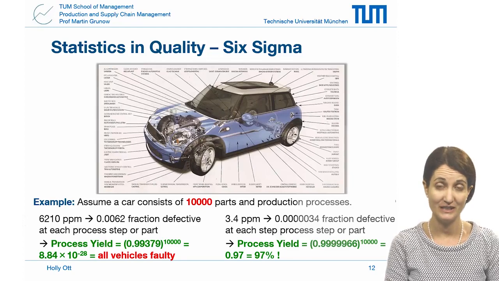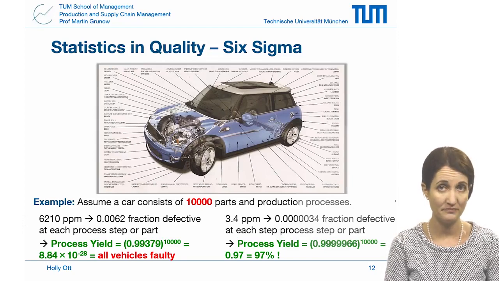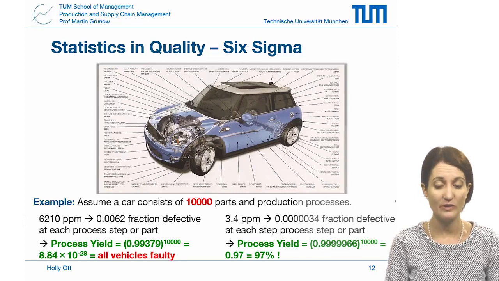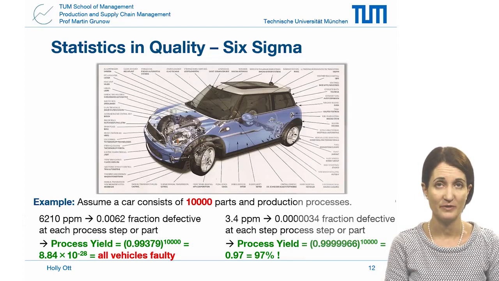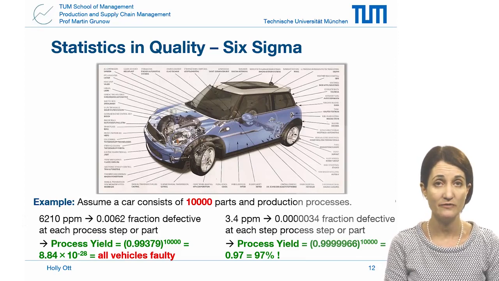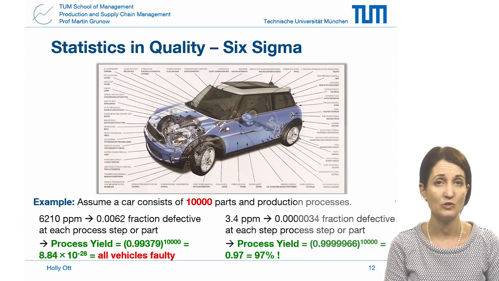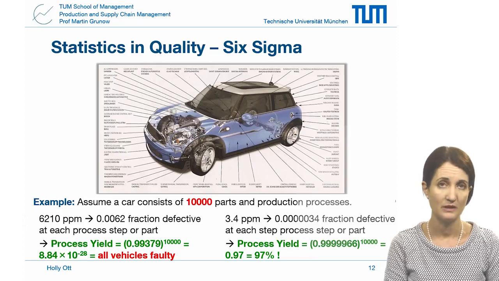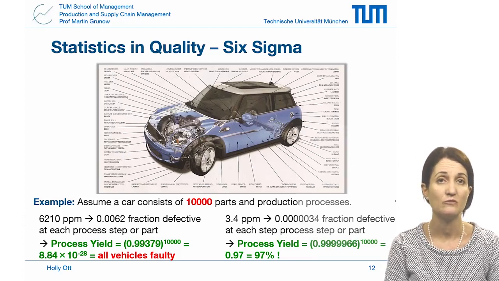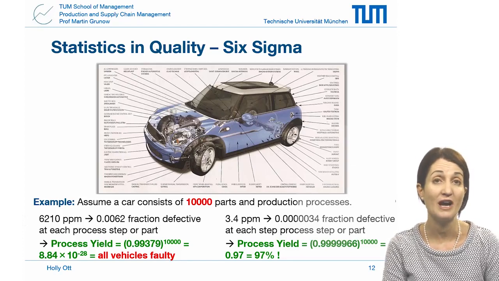Now, our course does focus on Six Sigma as a way to reduce variation and to avoid defects. And we know that, for example, with our example here with a little automobile, if we assume we have 10,000 parts or processes, if we have 6,210 parts per million defective, or processes defective, then we would get no cars out of our assembly line that would be able to drive.